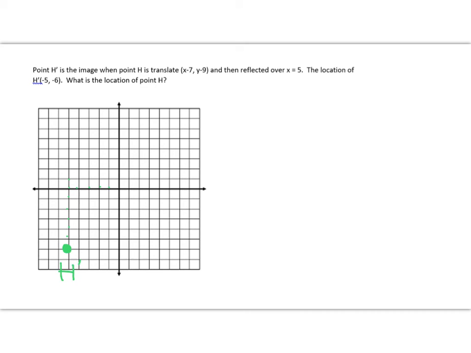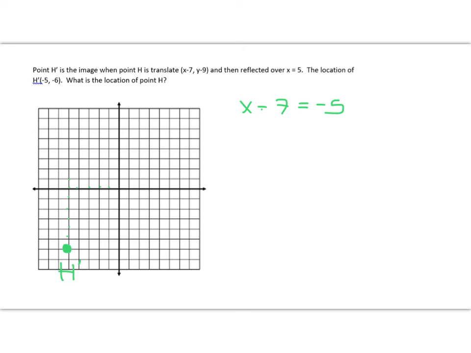What I want to do is find out what happens when I translated it x minus 7, y minus 9. That's what I did in the first place, I translated it x minus 7, y minus 9. So what I need to think about is x minus 7 became -5.